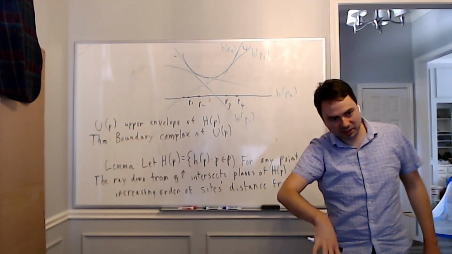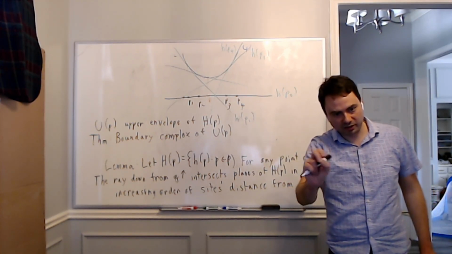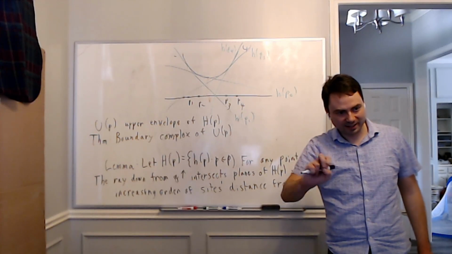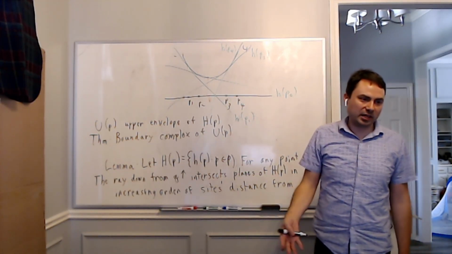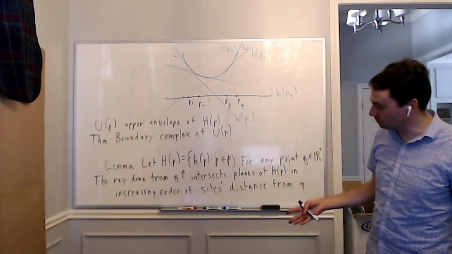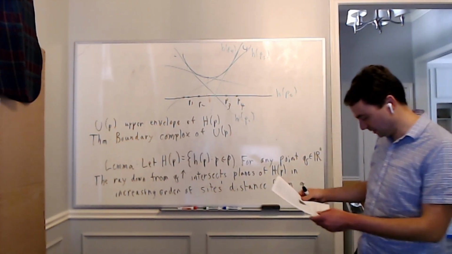Therefore, they project to locations where two of the sites are equally close to a common point. The boundary of the complex must project down to be exactly the Voronoi diagram for all the sites in P.